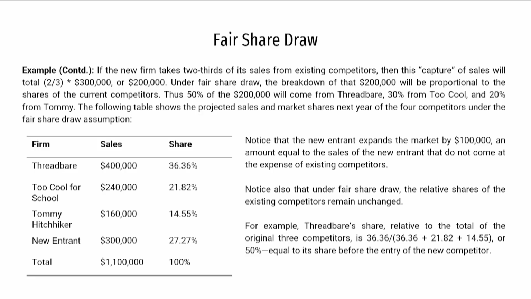So, now we have to recalculate the market share. 4 lakhs divided by 11 lakhs multiplied by 100 gives us a value of 36.36%. 240,000 divided by 11 lakhs multiplied by 100 gives us 21.82%. Then 160,000 divided by 11 lakhs multiplied by 100 gives us 14.55%, and ultimately the new entrant is generating a revenue of 300,000.